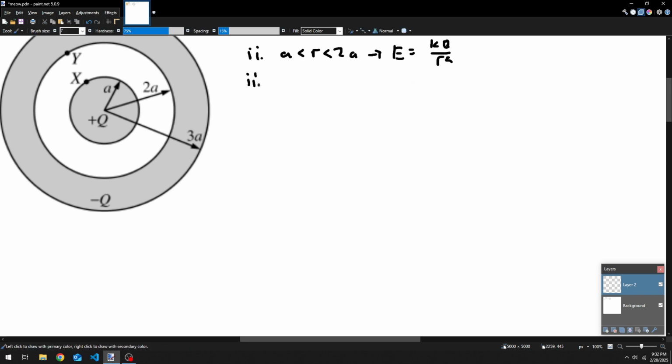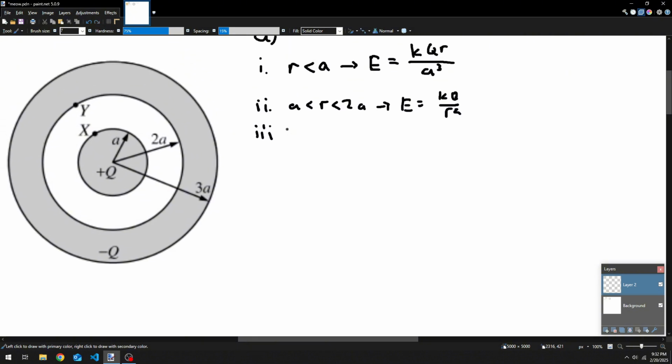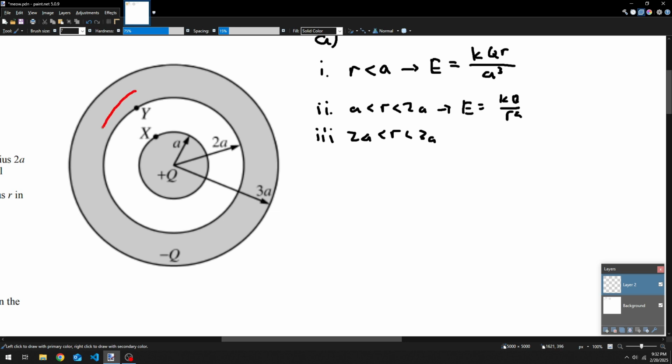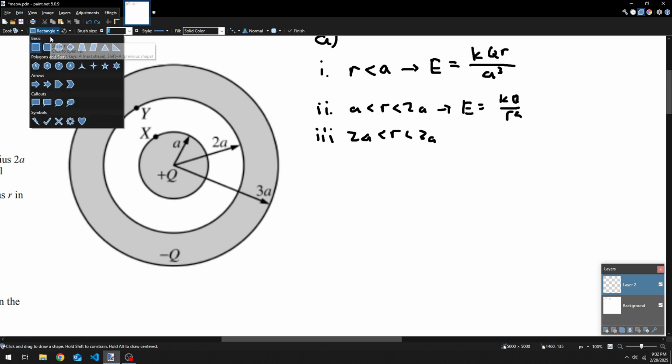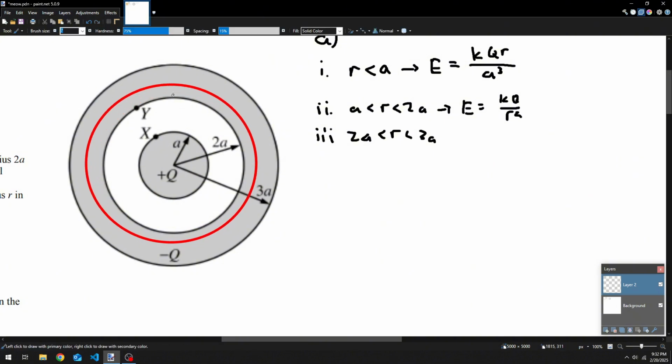Now we can do when r is greater than 2a but less than 3a, meaning our Gaussian surface is in the shell over here. And then obviously we're going to have the radius of r.